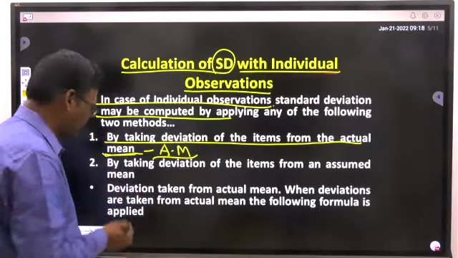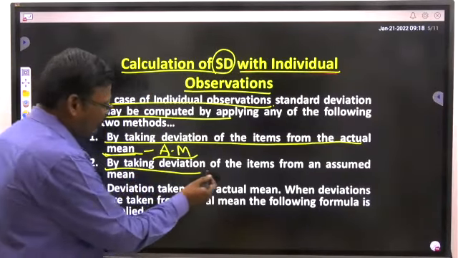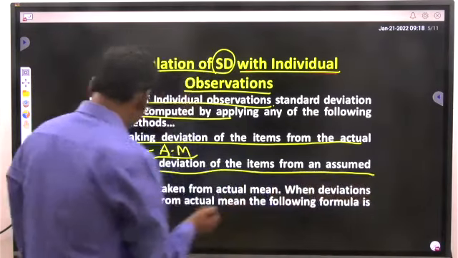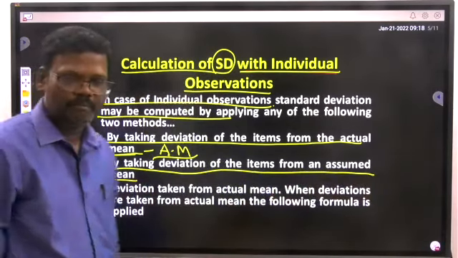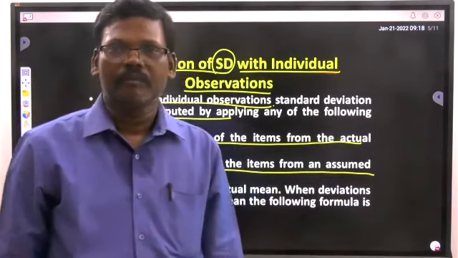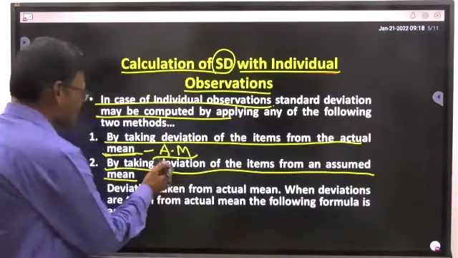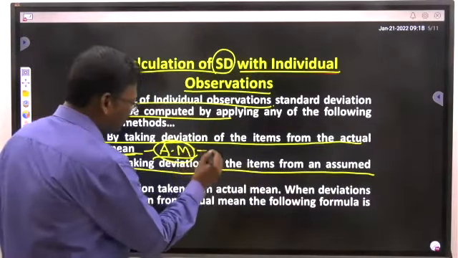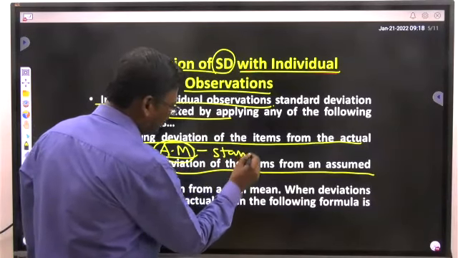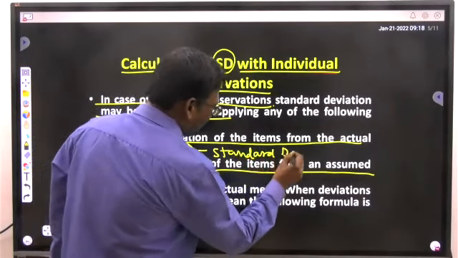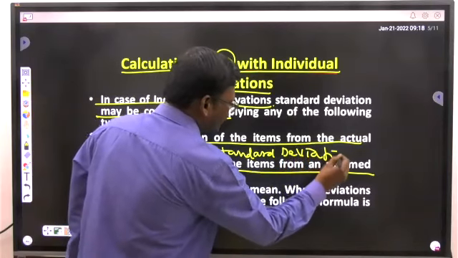So by taking the deviation of the items from the assumed mean, this is nothing but the standard deviation.